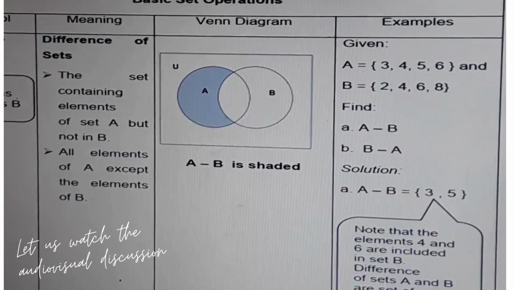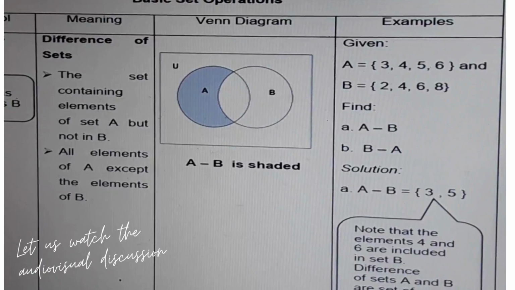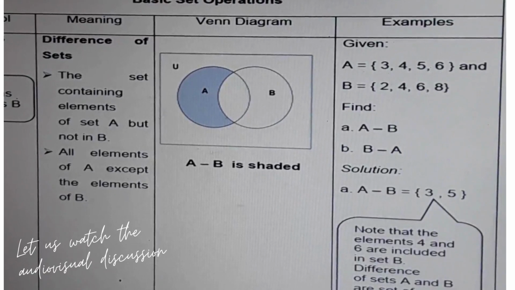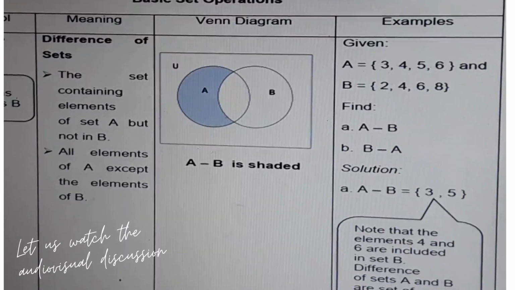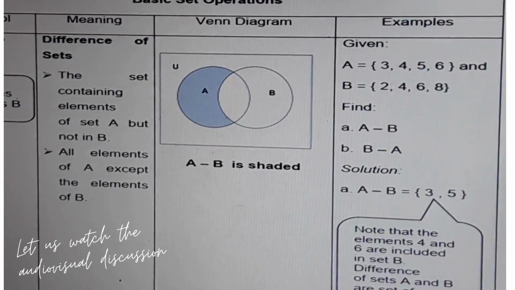All the elements of A except the elements of B. So to illustrate this in a Venn diagram, considering that two sets are intersecting with each other, we are going to shade only a portion in A, meaning the remaining area not included in B.